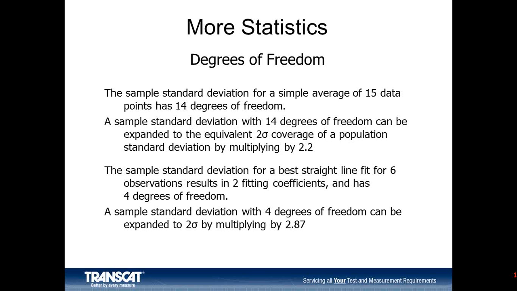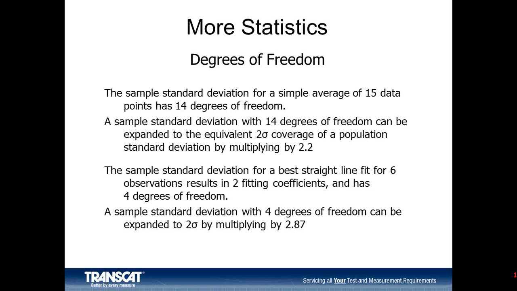Another example is determining a best fit straight line from 6 observations. So this best fit straight line gives us 2 coefficients, a slope and an offset. So from these 6 observations, we're taking 2 coefficients, so 6 minus 2 is 4 degrees of freedom.